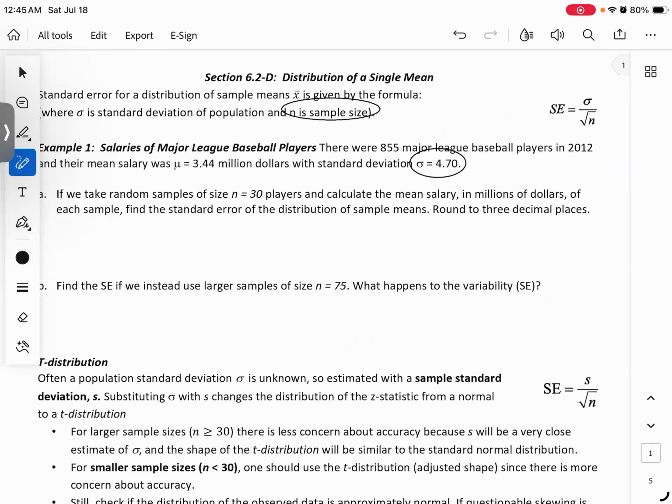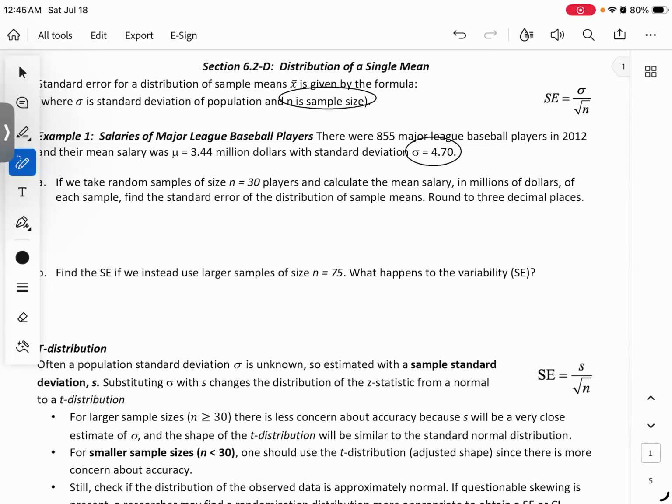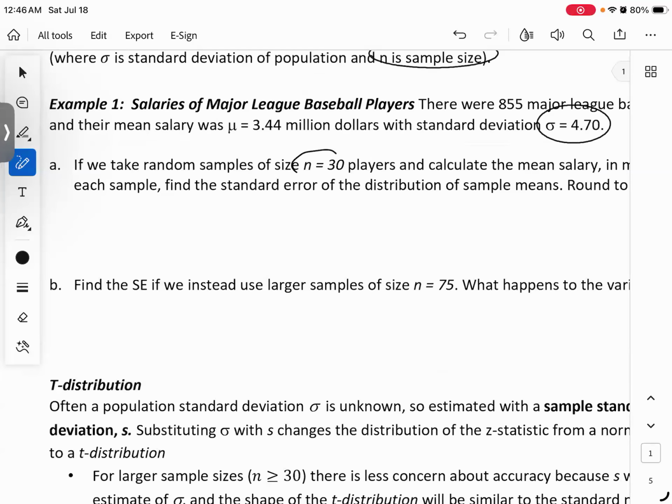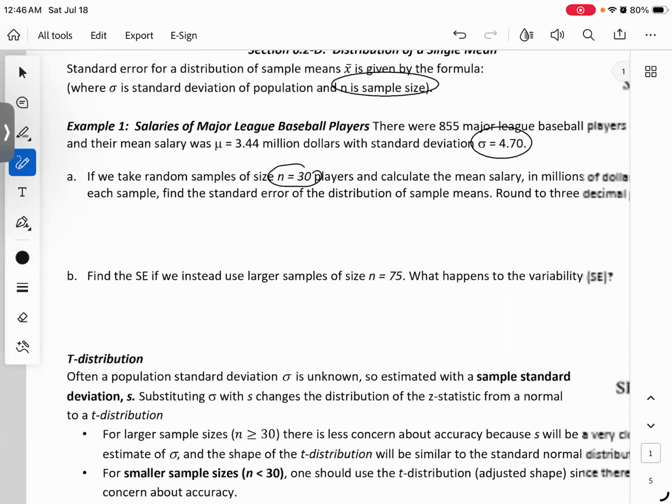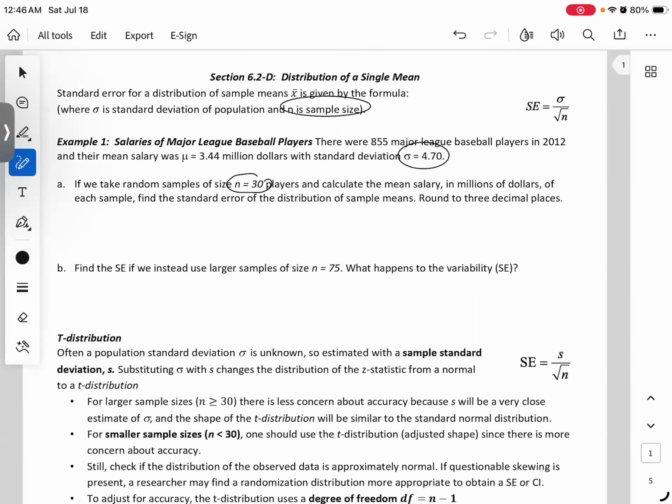This is about Major League Baseball players and how much they are earning in terms of their salary. And if you wanted to do sample sizes of 30 and you knew that the standard deviation for just one sample was 4.7. Now, again, remember, standard deviation and standard error are two different things.